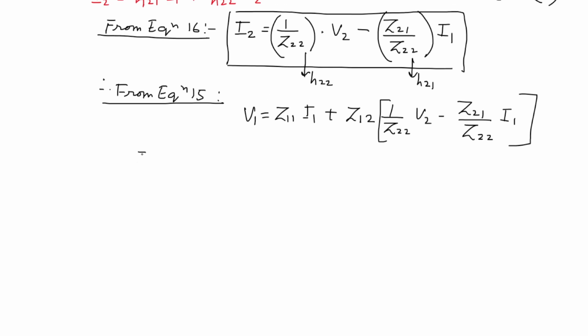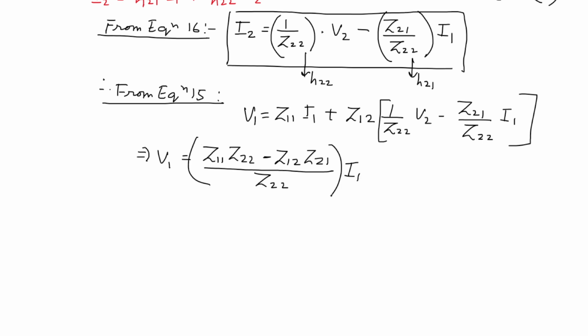Or simplifying, we get V1 is equal to Z11 Z22 minus Z12 into Z21 divided by Z22 into I1 plus Z12 by Z22 into V2.